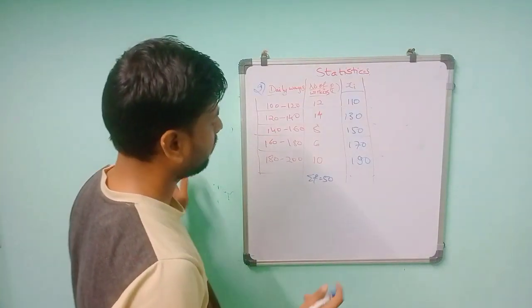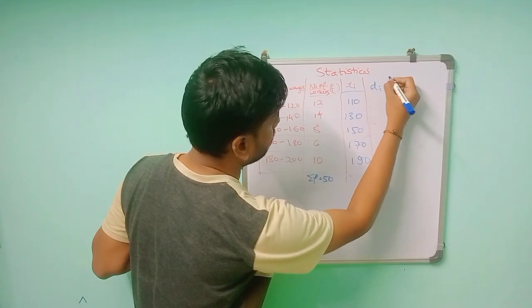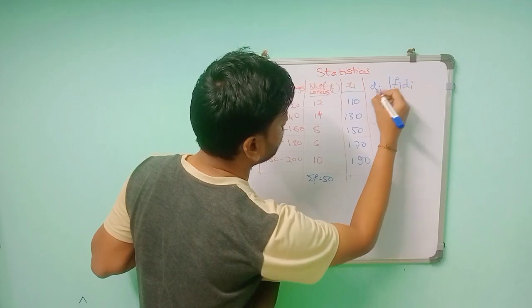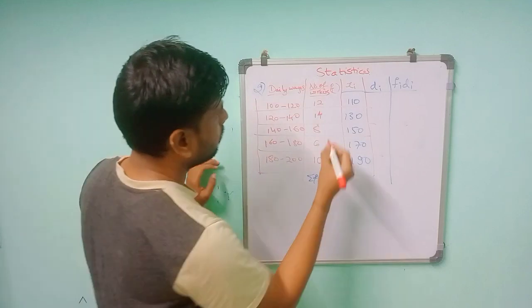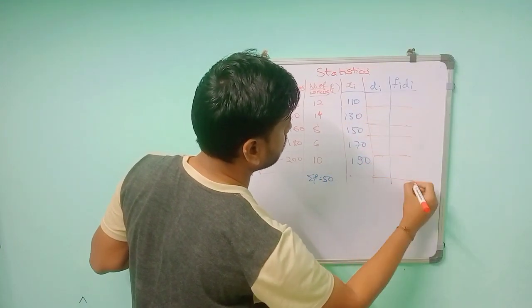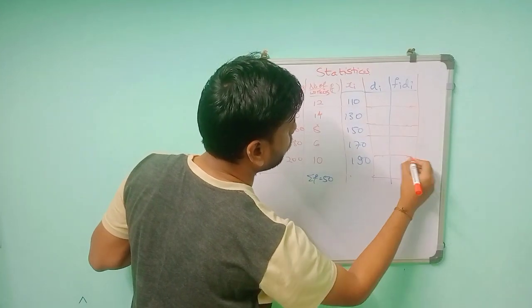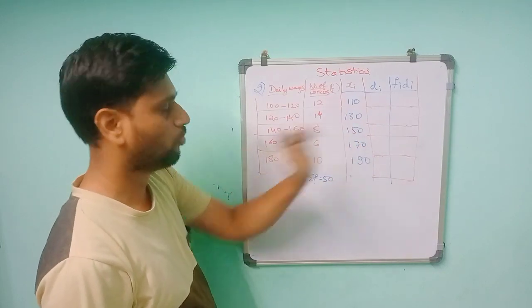So for the assumed mean method, we have to take di, then Fi di. We have to assume one value. Whichever you assume, 150 or 170, the answer will be the same only.